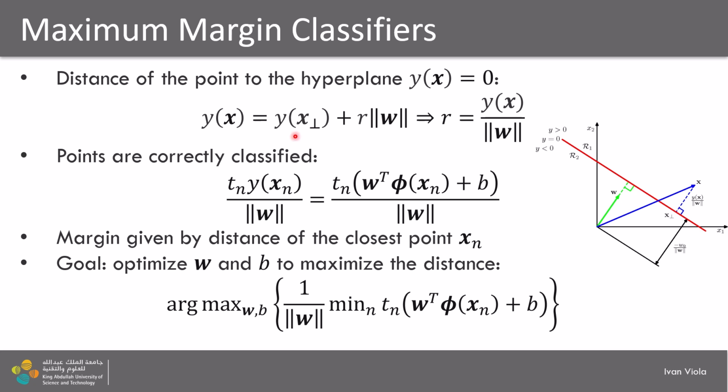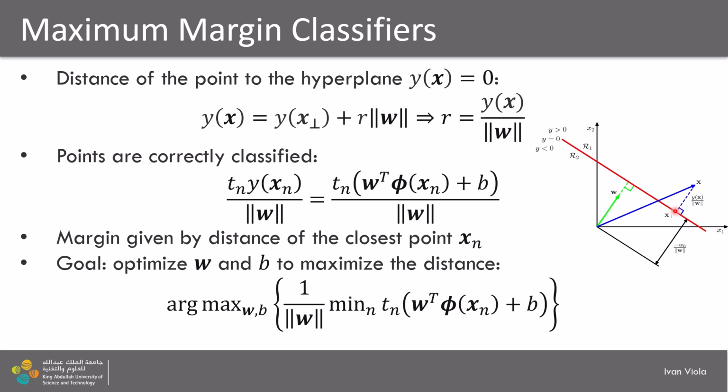We can also evaluate this as a real value, and define y at the closest point on the line with respect to the point x, the point x perpendicular, whose value y is still 0 because it lies on the line.